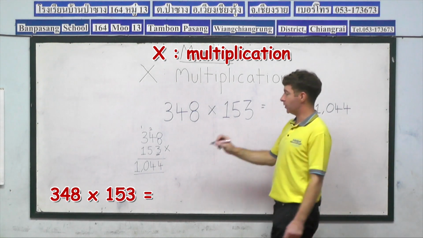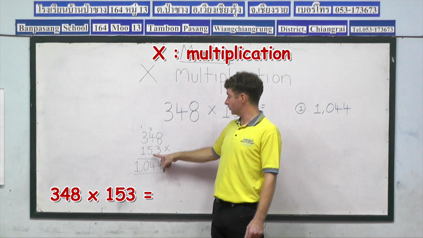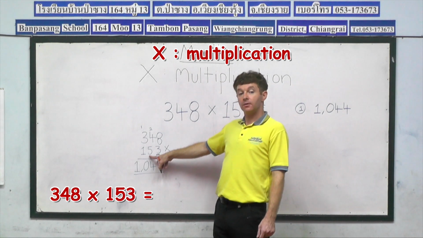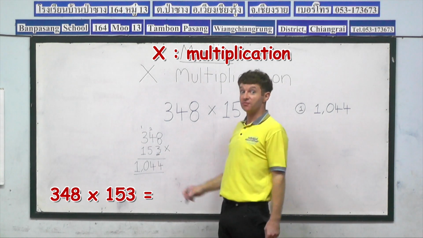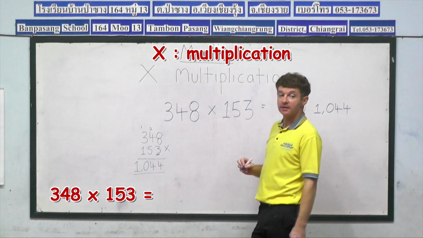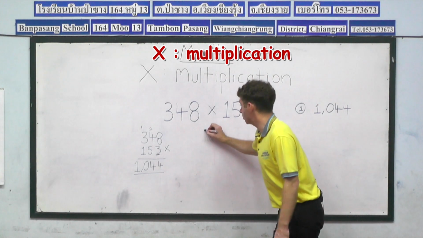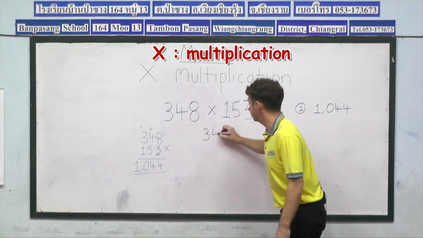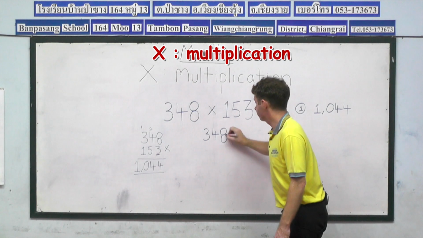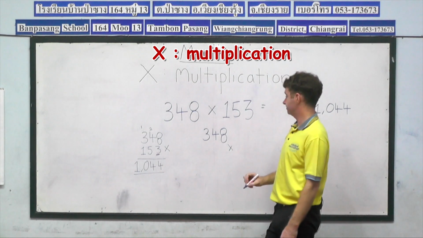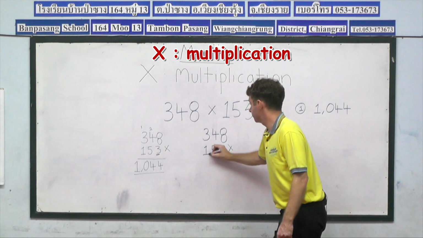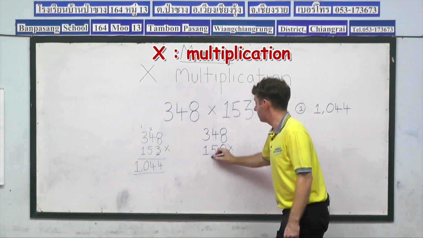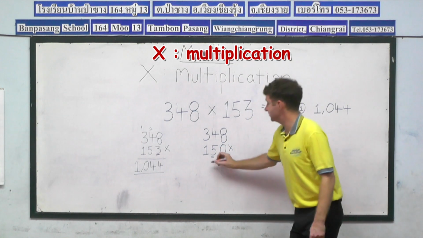Next, we need to move on from the ones to the tens. How many tens do we have? 5. So 5 tens equals 50. So next what we do, 348 multiplied by, exactly. But remembering we're concentrating on the tens here.